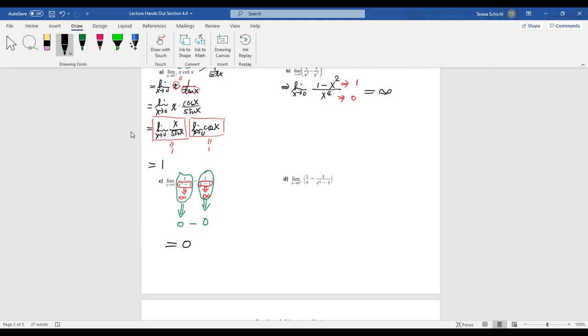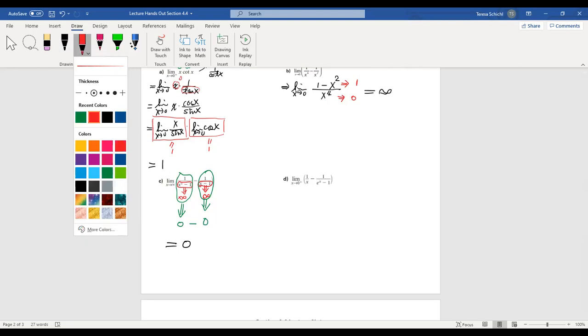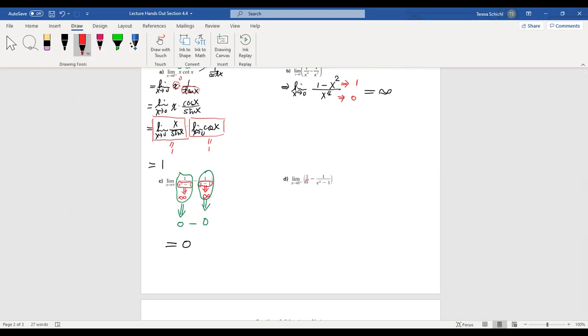Okay, now let's do D. x approaches 0, so this term approaches 0, and then e to the 0 approaches 1. So 1 minus 1 approaches 0.